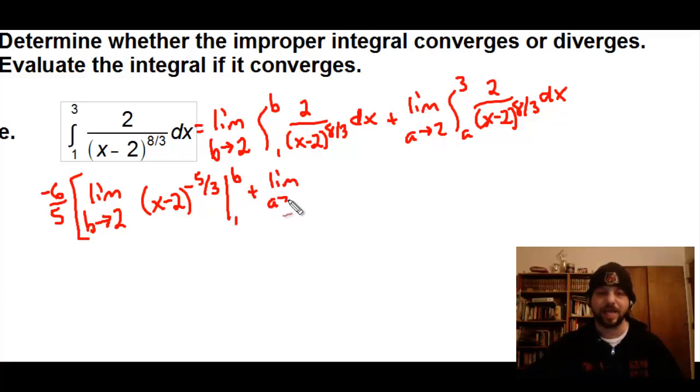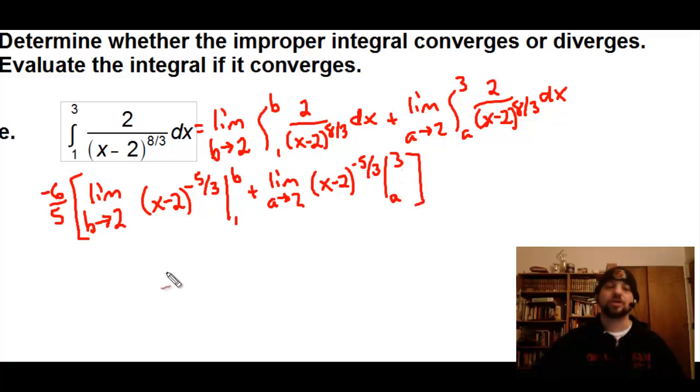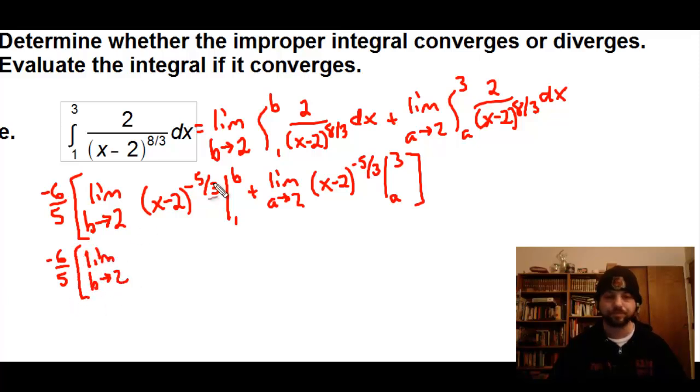And then I'm just going to do the same thing over here. It'll be the limit as a approaches 2. Of course, the integration is going to be the exact same. All that's going to be different here is my bounds. I'm going to go from a to 3. All right, so that's what the integration of this is going to look like. If I go through and start plugging in my values, what's going to happen here? I'll have the limit as b approaches 2.